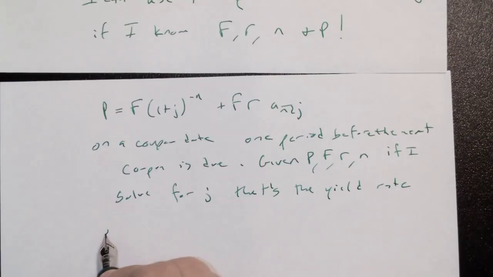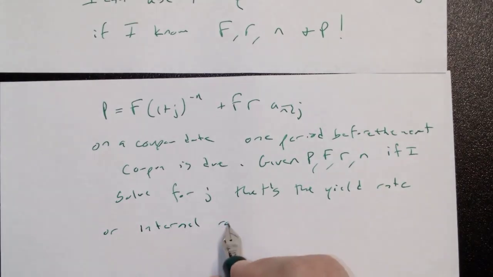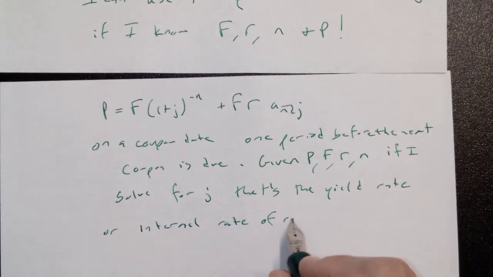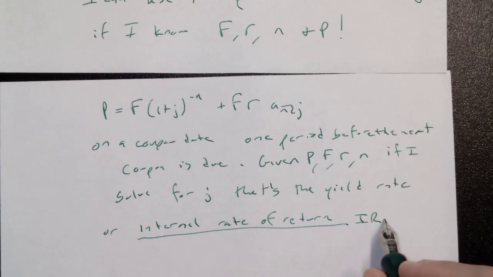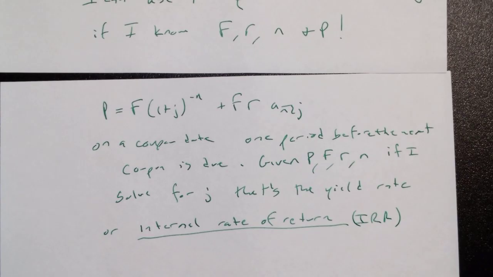It's also called the internal rate of return, IRR. And again, if I buy it off a coupon date, I can adjust using (1+J)^t.